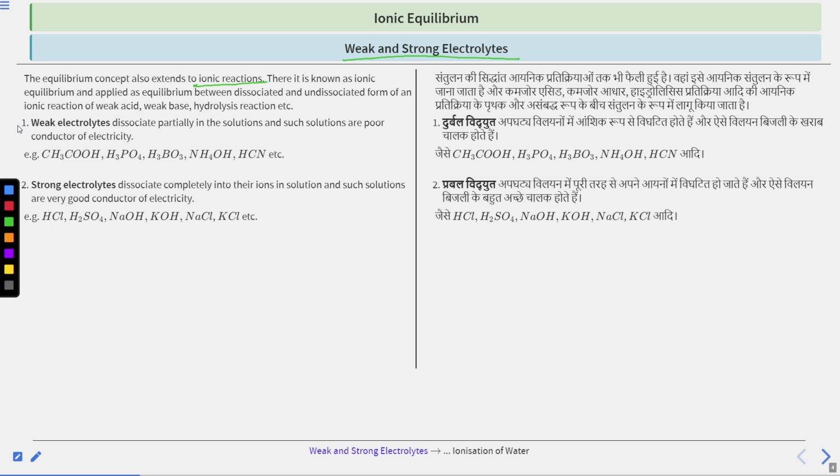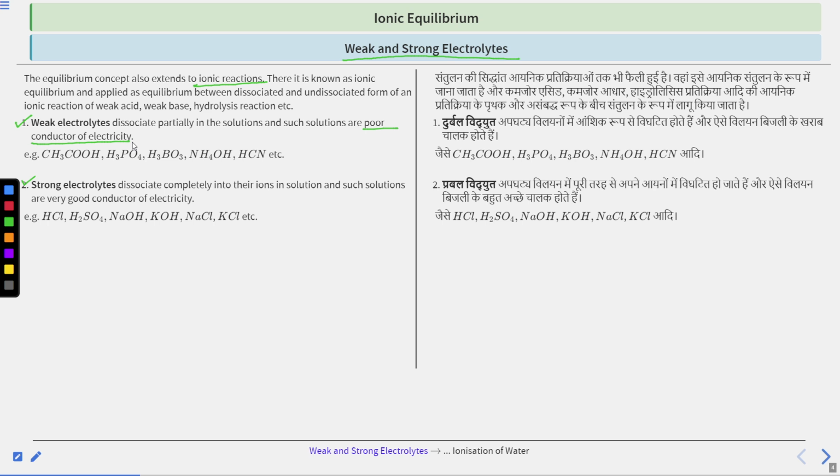So we have two types of electrolytes, weak electrolytes and strong electrolytes. What are weak electrolytes? They dissociate partially in the solution, and such solutions are poor conductors of electricity. So the electrolytes which dissociate partially in the solution, not completely, are known as weak electrolytes, and their characteristic is that they are poor conductors of electricity.